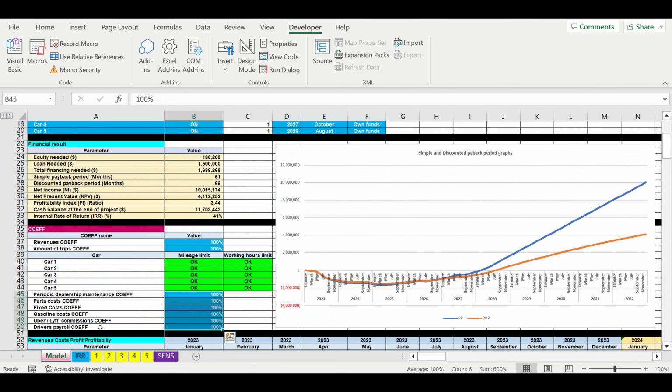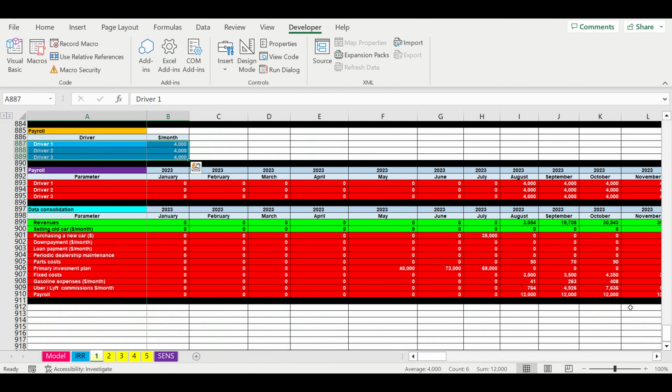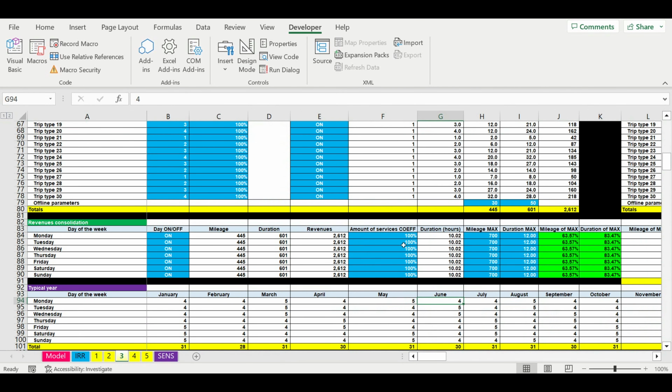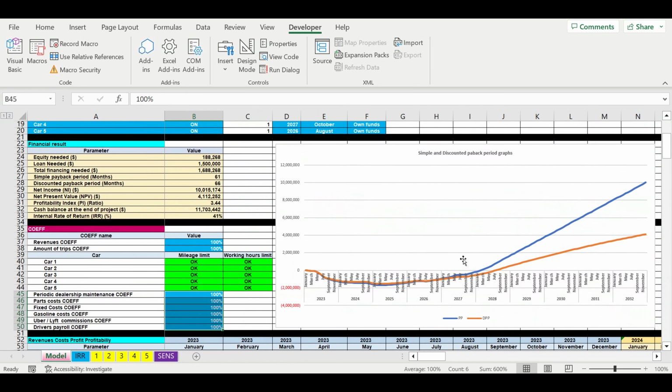So we can go to this or that car and adjust the inputs for this or that car specifically. And look here what will happen with simple discounted payback period diagram and what will be the financial efficiency of this scenario. So we can play globally and locally, and this is very important during scenario analysis.